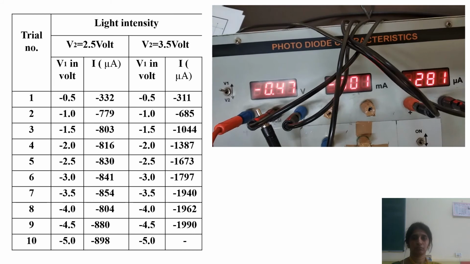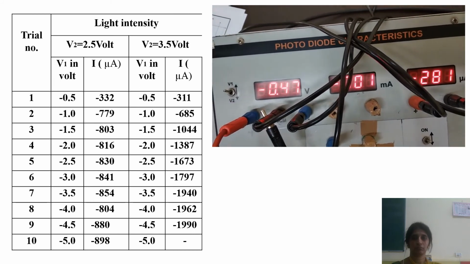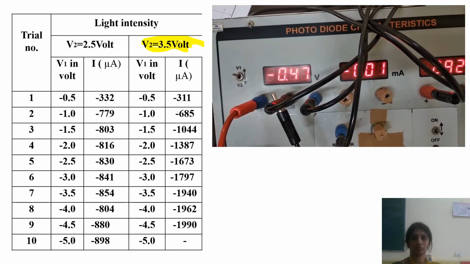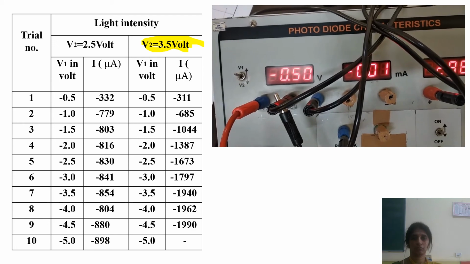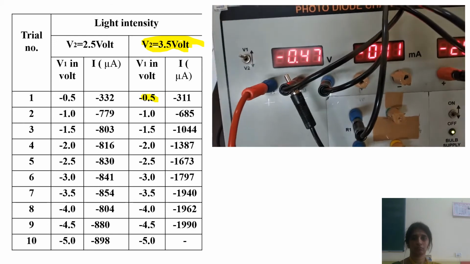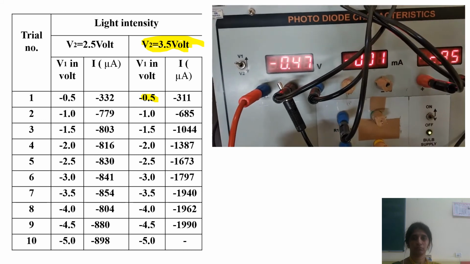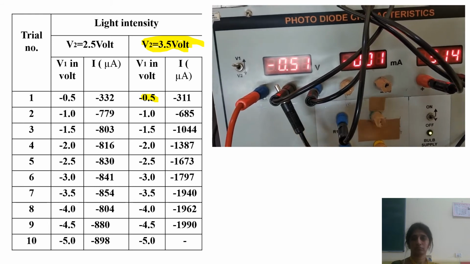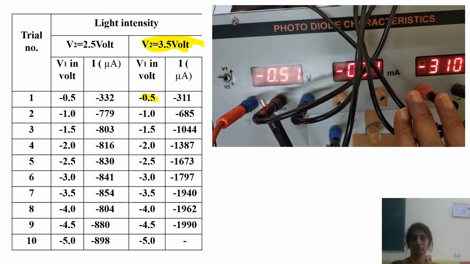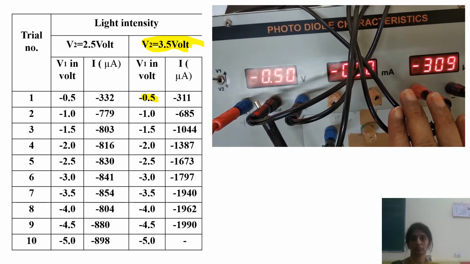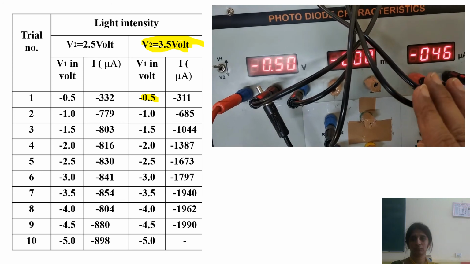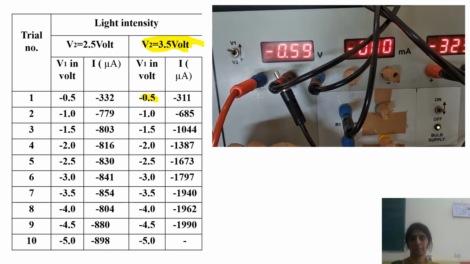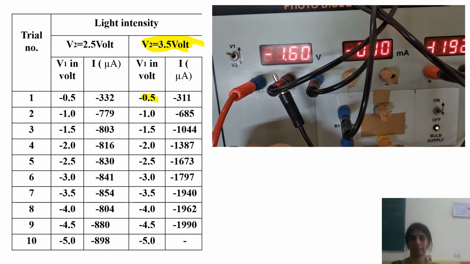Now we are doing the experiment for V2 equal to 3.5. For that, first let us keep the voltage at 0.5. You can see here the voltage is 0.5. The corresponding current has to be noted. That appears to be 311. Okay, next keep it for 1 volt.